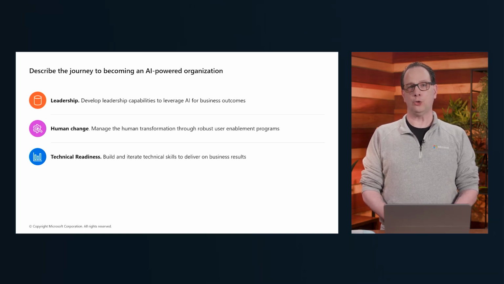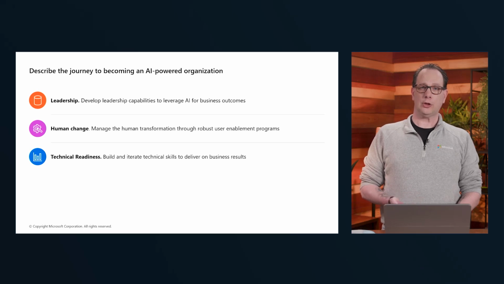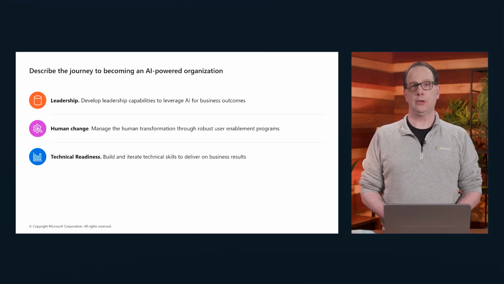The three-part approach to becoming AI-powered with Microsoft 365 Copilot starts first with leadership and sponsorship, because these are critical for aligning AI investments to business priorities and defining high-value scenarios.